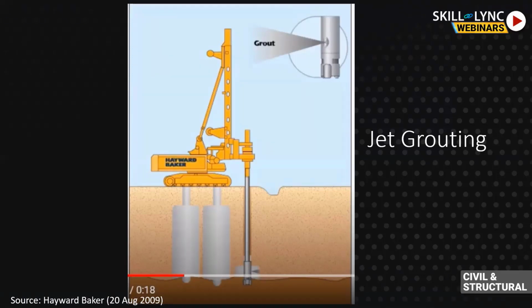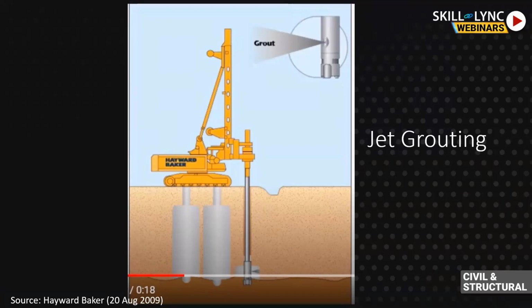There are two more types of jet grouting that is done. That is double fluid jet grouting and triple fluid jet grouting. In double fluid jet grouting, there would be two nozzles. Air at very high pressure would be forced through one of those nozzles, which loosens the soil material, and then through the second nozzle, the grout mixes up with the soil material and forms the grouted column.